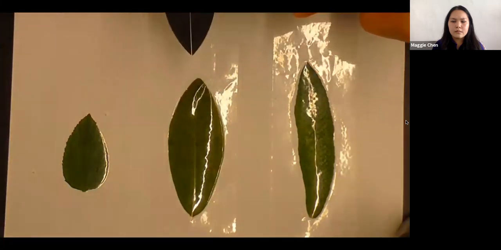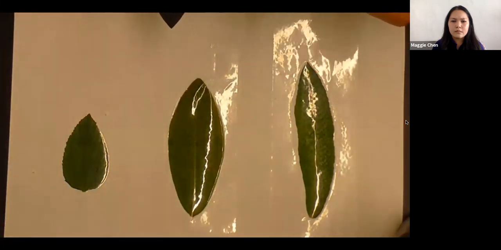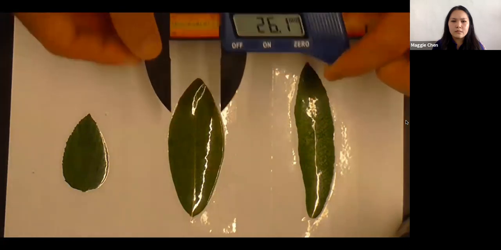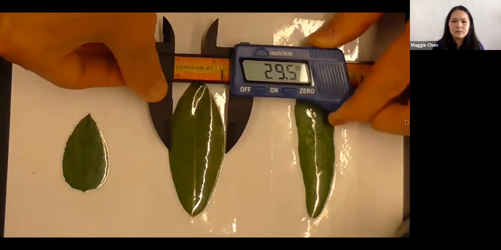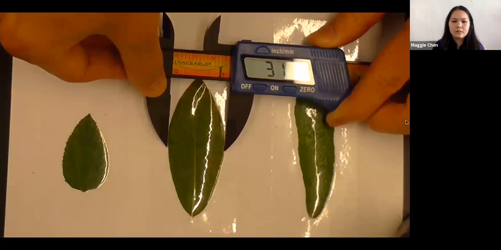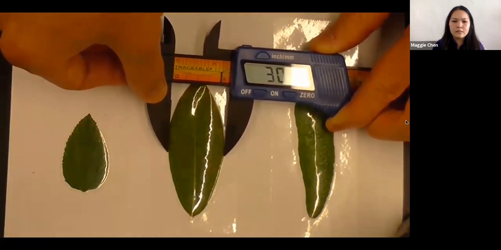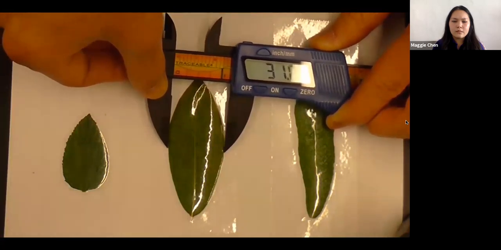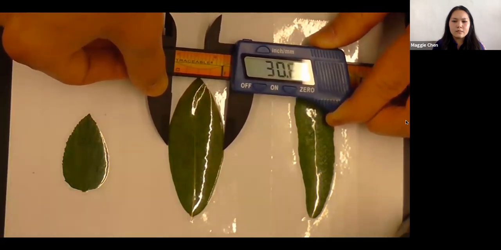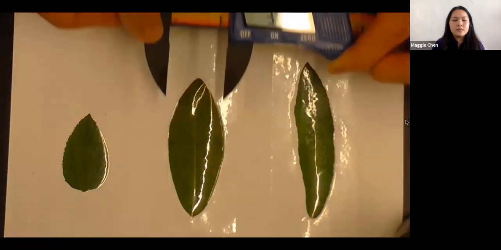Take the calipers away. I like to close them to make sure that I'm not cheating and using the same measurement again. And reopen them. And let's try to find that widest point on the leaf. Okay. Here I'm measuring at 30.6 millimeters.